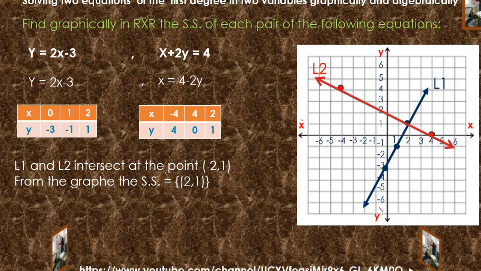Draw the straight line. Now L1 and L2 intersect at the point 2 and 1. From the graph, the solution set is the set of the ordered pair 2 and 1. This is the first case.